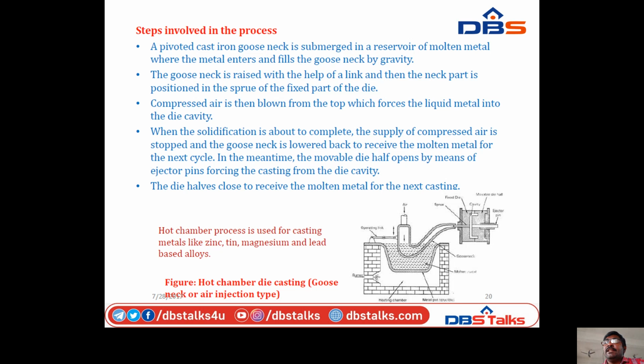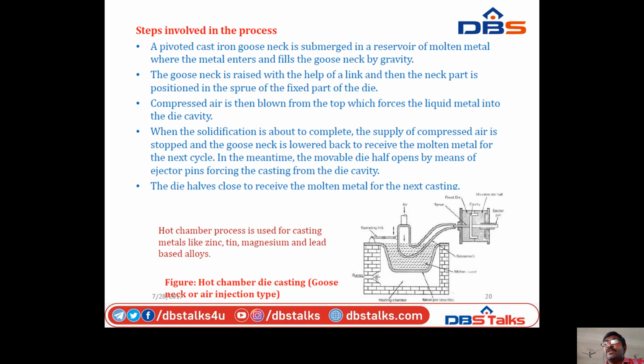Compressed air is blown from the top, which forces the liquid metal into the die cavity. When the solidification is about to complete, the supply of compressed air is stopped and the gooseneck is lowered back into the reservoir of molten metal for the next cycle.